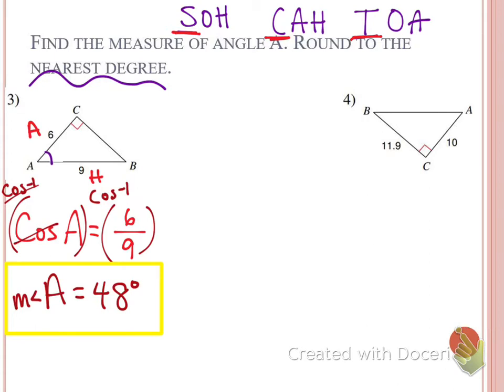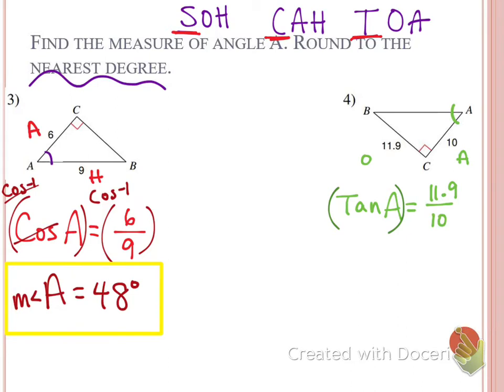And then the next one, we still want to solve for angle A like it told us in the directions. So we'll label our sides. 11.9 is opposite, and 10 is adjacent. So we will use tangent from angle A equals the opposite, 11.9, over the adjacent, which is 10. We're solving for the angle.